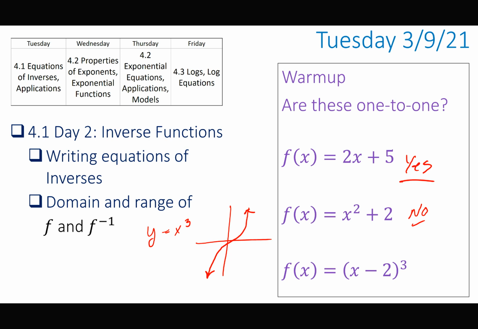It's an increasing function. As x gets bigger, y gets bigger. This could be negative x cubed, and it would be reflected over here. And this one, as x gets bigger, y gets smaller. So it's a decreasing function across the entire domain. So this one, yes, this one is also one-to-one.